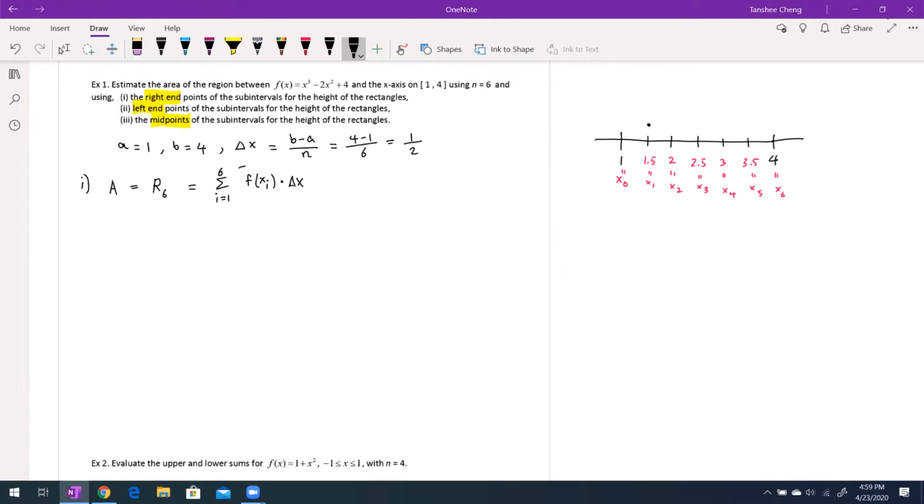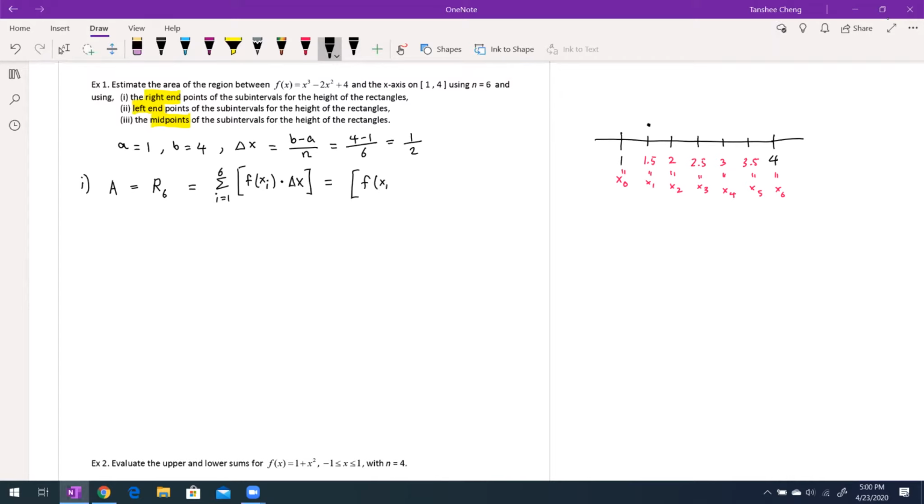So that is basically my formula. Expanding this out, I'm going to write down every little detail on this first example, and after that we're just going to skip some of the notations.